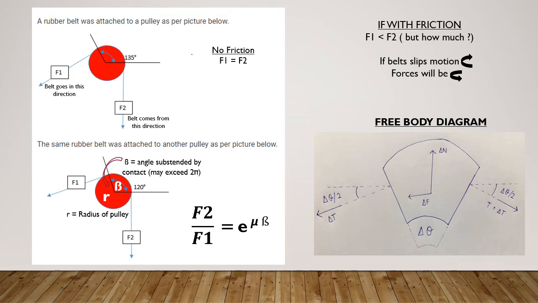Beta is the angle subtended by the contact. Subtended is just a fancy word that says where it is touching. So it touches here, goes around, and then touches over at F1, as you can see in the first diagram. The subtended angle beta is 135 degrees. The angle in here we call beta. That can be greater than 2 pi if the rope or belt goes around a couple of times.